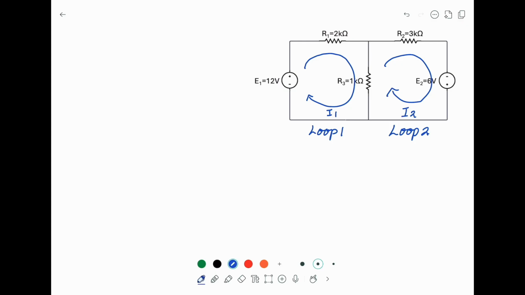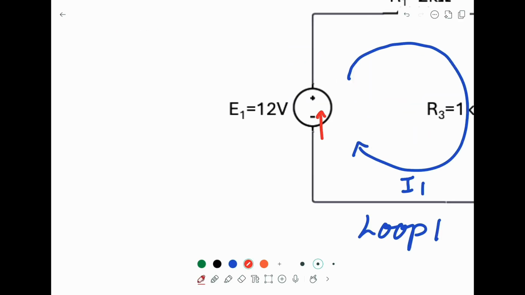Next, I'm going to apply KVL for each loop. So, KVL for loop 1. Again, the current enters the voltage source from the negative side, so this is negative 12 volt.